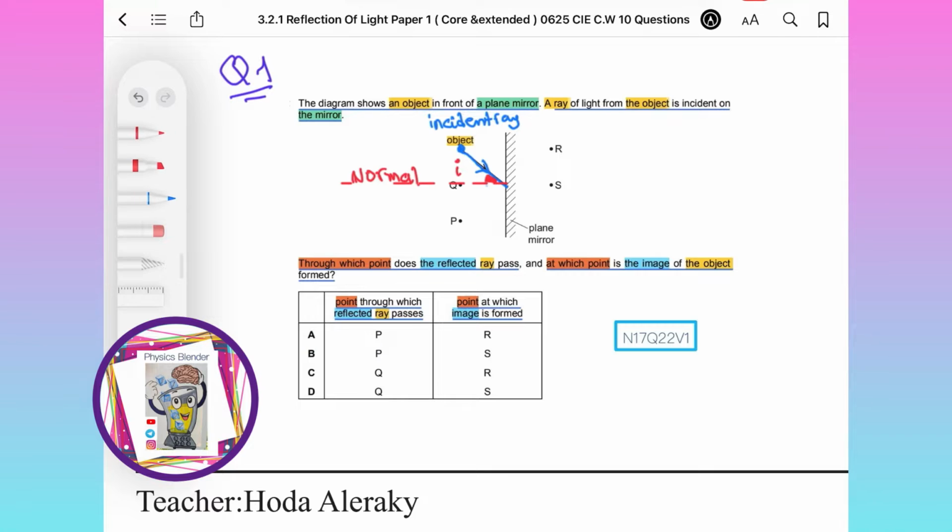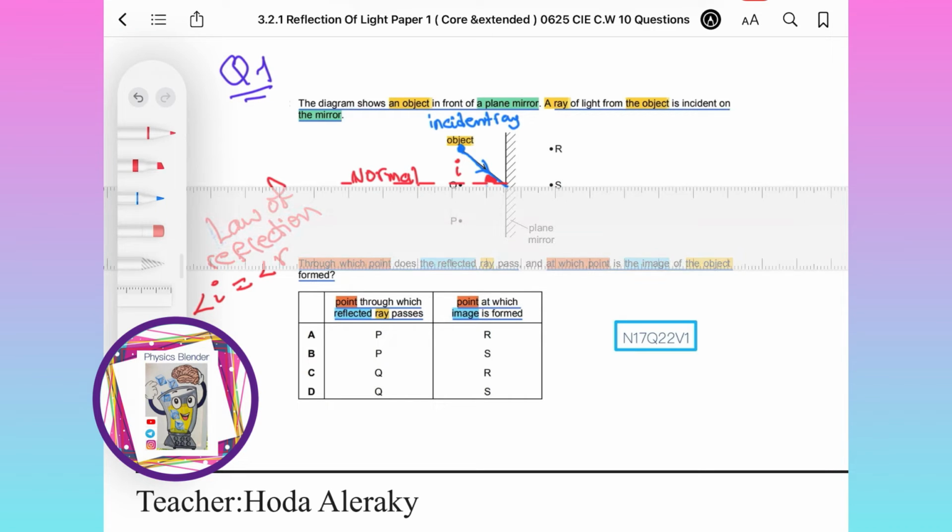What happens to the ray? It will be reflected back according to the law of reflection, which states the angle of incidence should be equal to the angle of reflection. So you have to draw here the reflected ray.